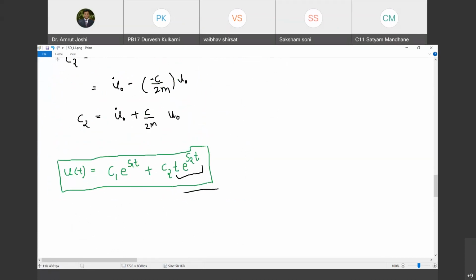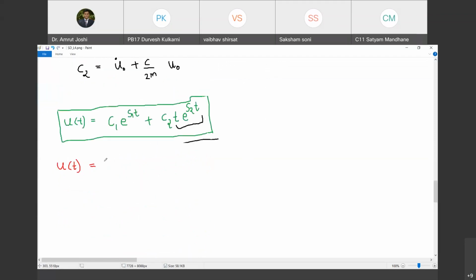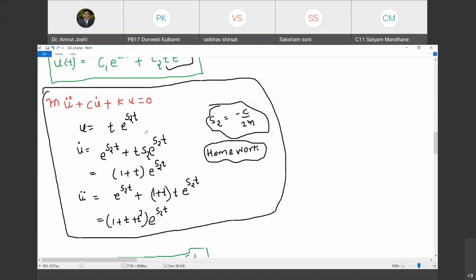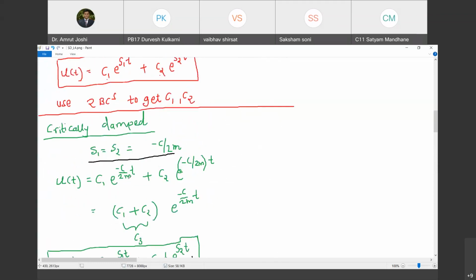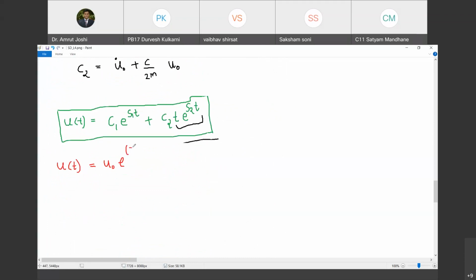We will substitute them in this solution and write the final solution. u of t is equal to c1 e raised to s1t. c1 is u0, and the value of s1 is minus c by 2m, so I substitute here: u0 e raised to minus c by 2m times t.